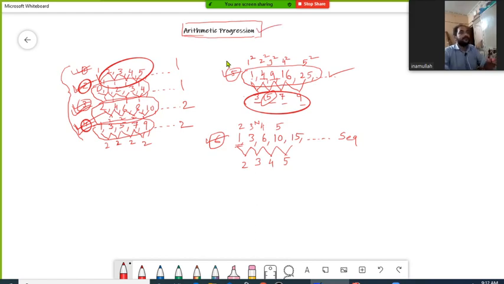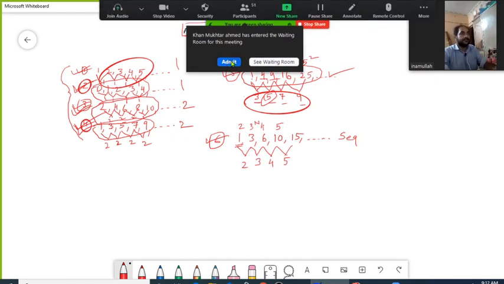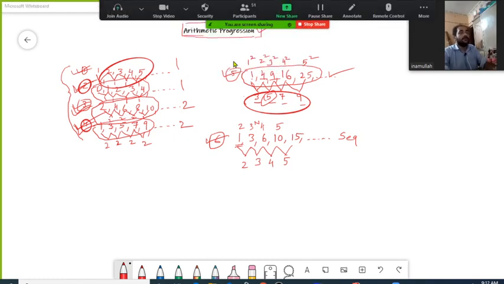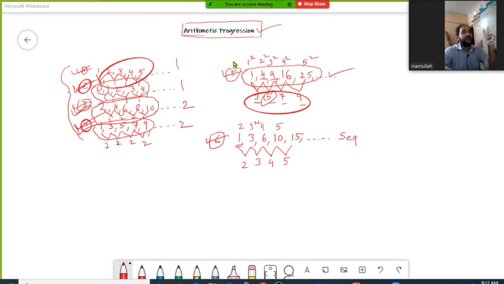Because for being an arithmetic progression, the difference between any two consecutive numbers should be constant, which is not the case in this example. The difference between 3 and 1 is how much? 2.